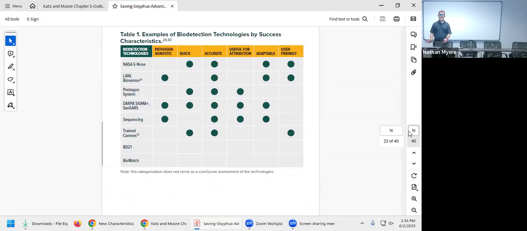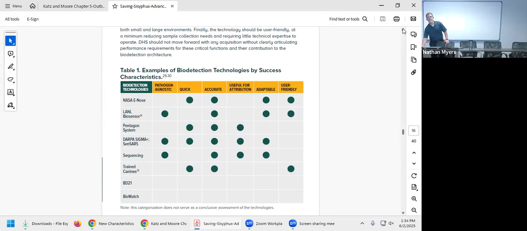But I've read a number of things about BioWatch, and the consensus definitely is that BioWatch should be replaced. If you look at the different technologies that are available and the degree to which they're successful on different metrics, you see at the bottom, BioWatch doesn't seem to check any of these boxes.